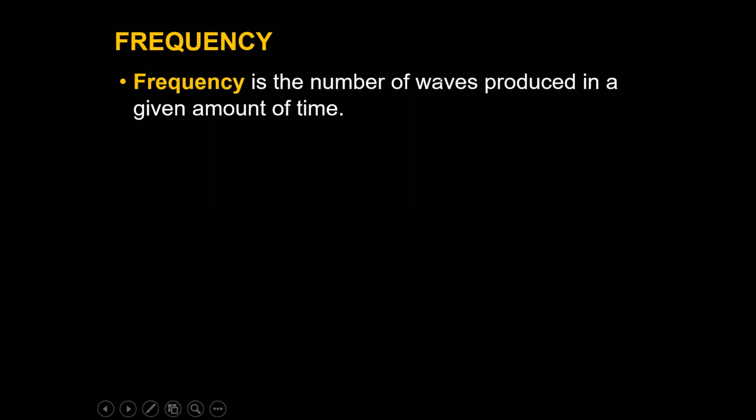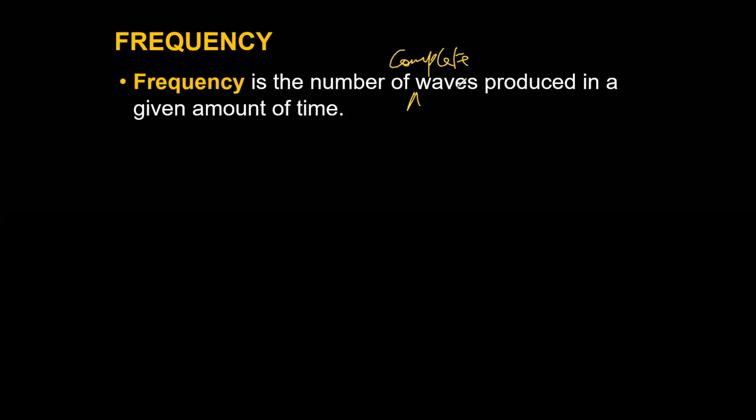So the word frequency is simply about the number of something occurring in a given period of time. In other words, frequency is defined as the number of complete waves made in a second.